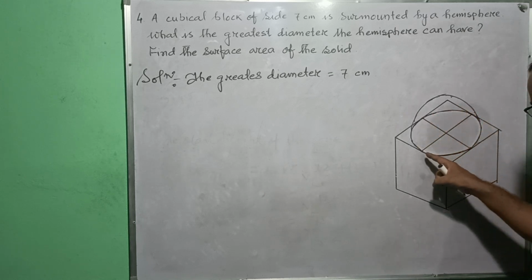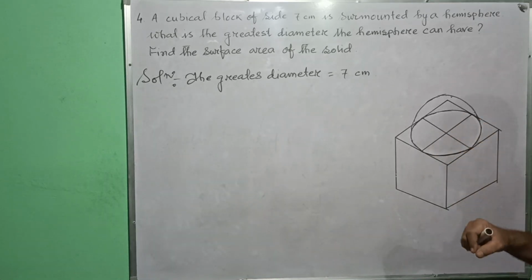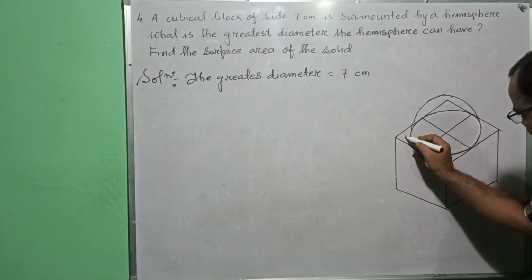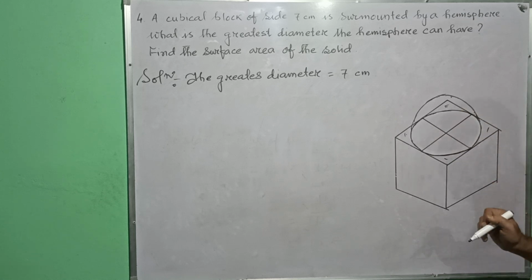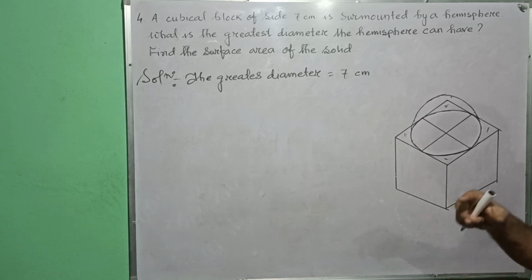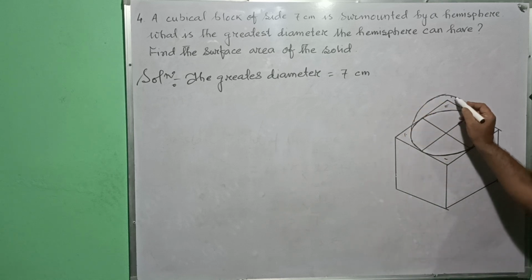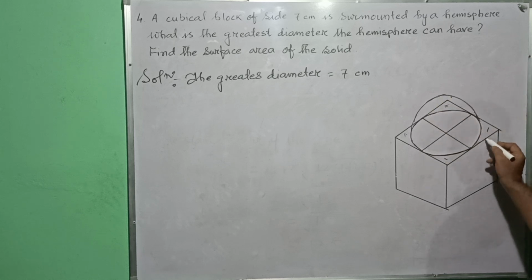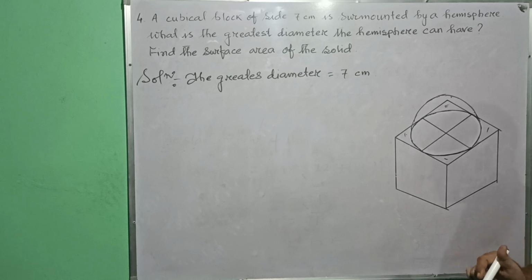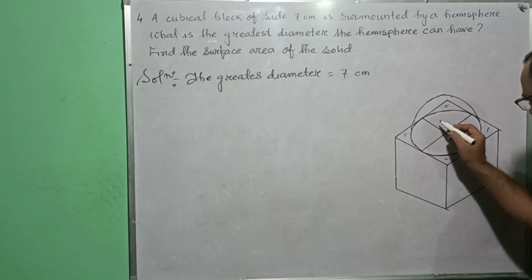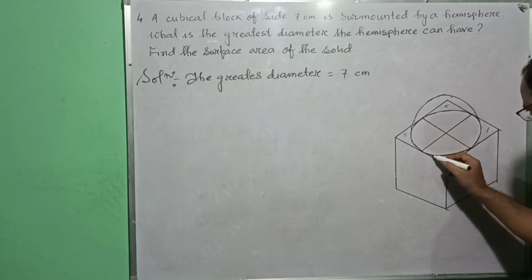Now what about this face? In this face we can see some parts here, another part in the corner, and here also another part. So this part will be added in our answer, and we will add the curved surface area of the hemisphere. Here you can see in this face, this is the circular part.